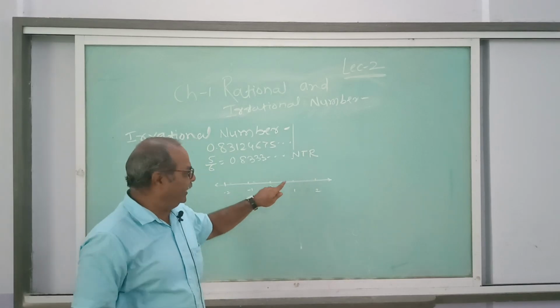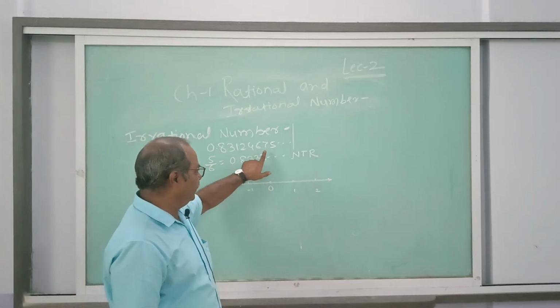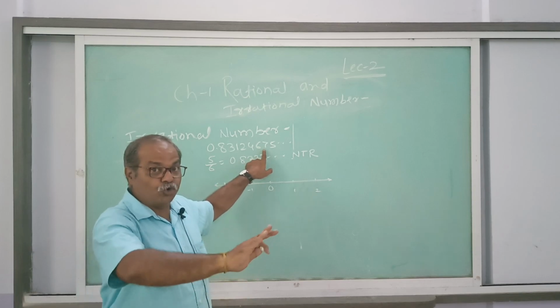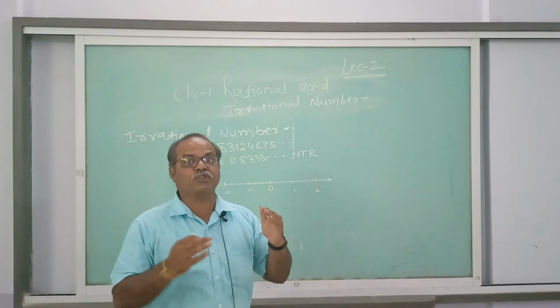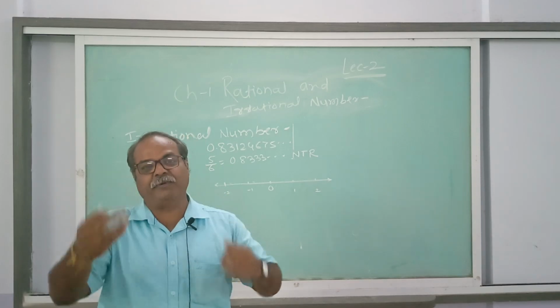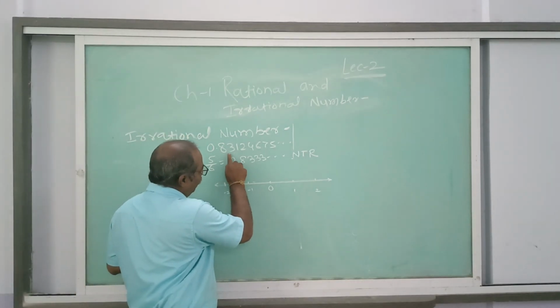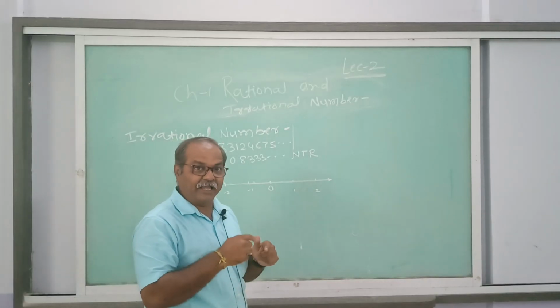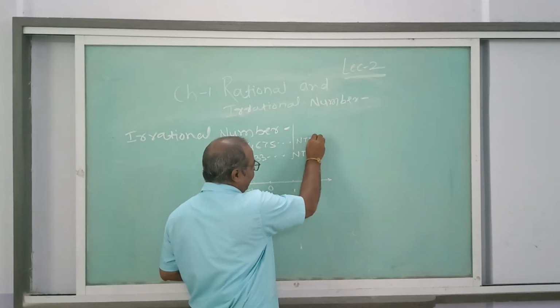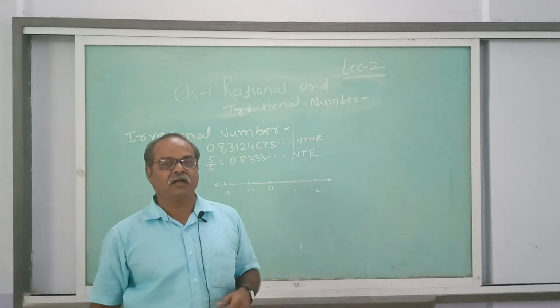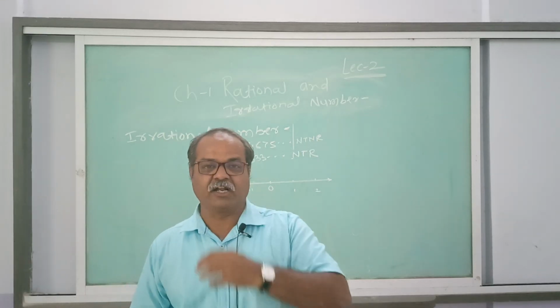Which number is recurring? That 3. In the other one, there is no recurring number. This is not terminating, obviously, there is no stop to that number. They are non-terminating, but non-recurring. Such numbers are called irrational numbers.